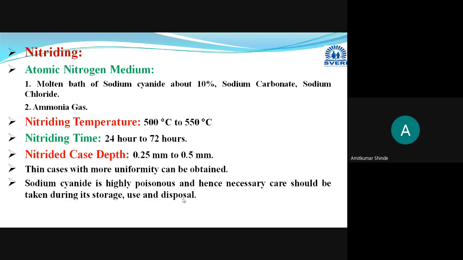First is the heating along with a source which provides atomic nitrogen at 500 to 550 degrees Celsius, holding is done for 24 to 72 hours, and after that it is cooled. So this is the nitriding process, and the case depth achieved by nitriding is very thin.